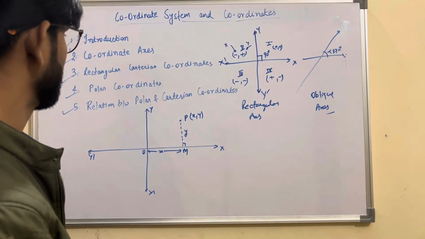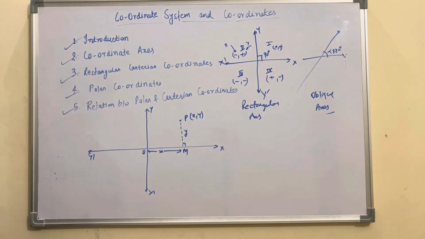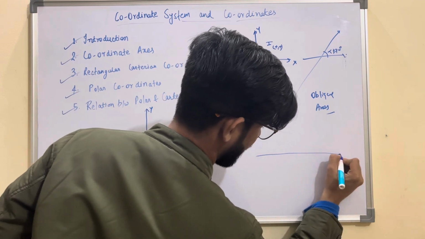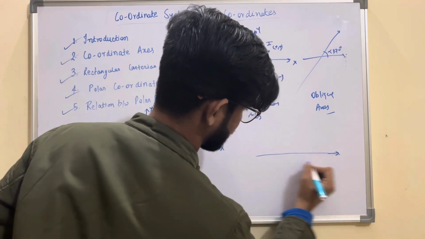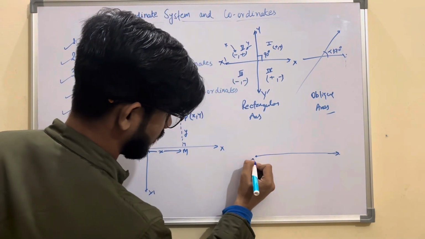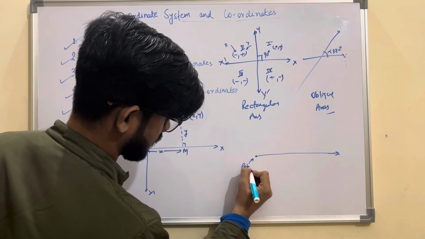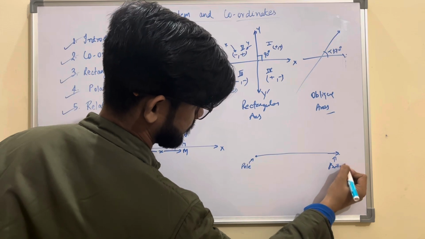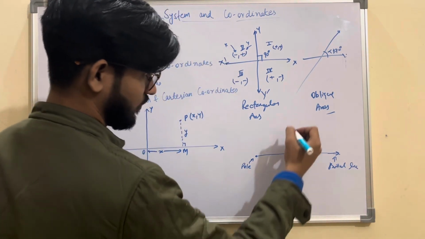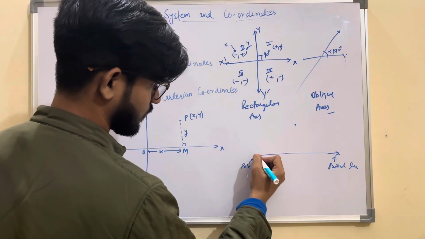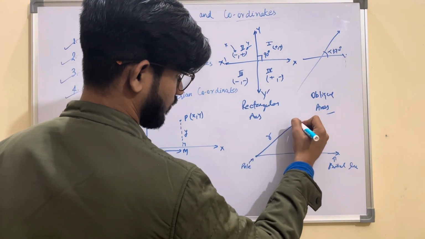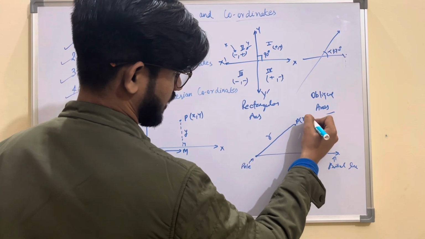Okay, now we will understand polar coordinates. In polar coordinates, there is one initial line, and this point is called the pole. If any point P is at distance r from the pole, we represent it as r comma theta.